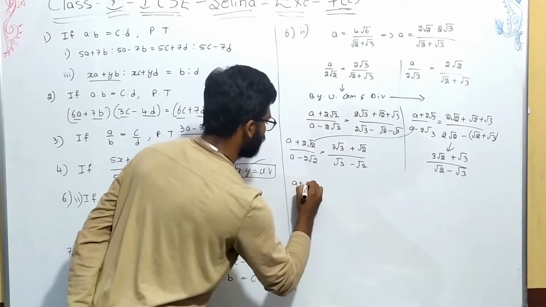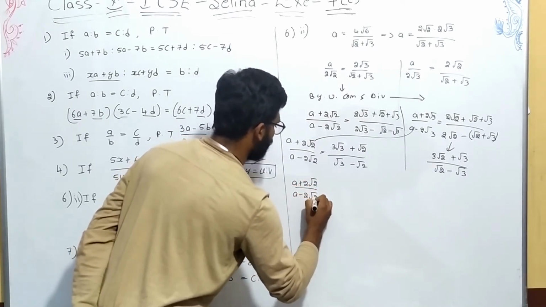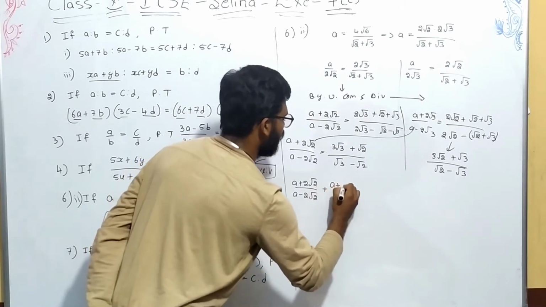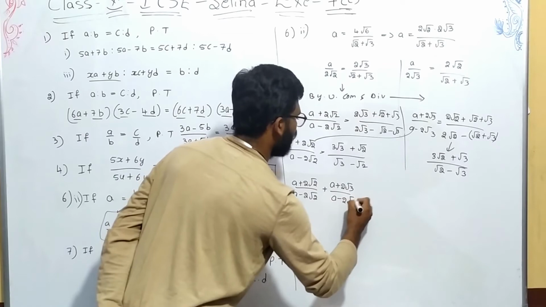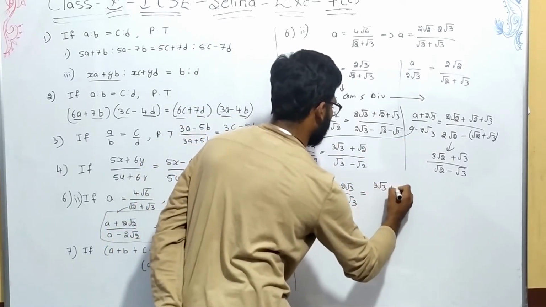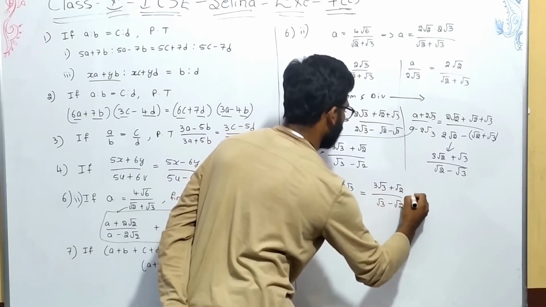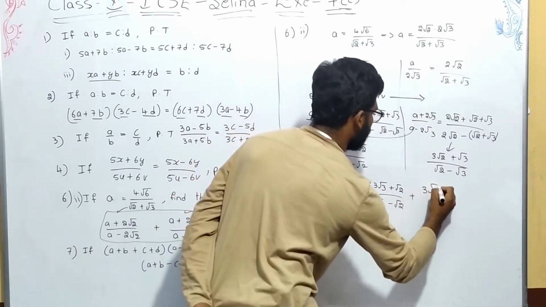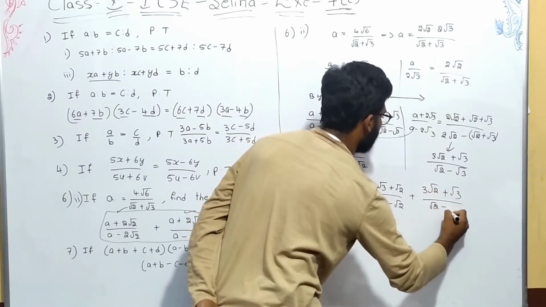So (a plus 2 root 2) by (a minus 2 root 2) plus (a plus 2 root 3) by (a minus 2 root 3) is equal to the addition of these two: (3 root 3 plus root 2) by (root 3 minus root 2) plus (3 root 2 plus root 3) by (root 2 minus root 3).